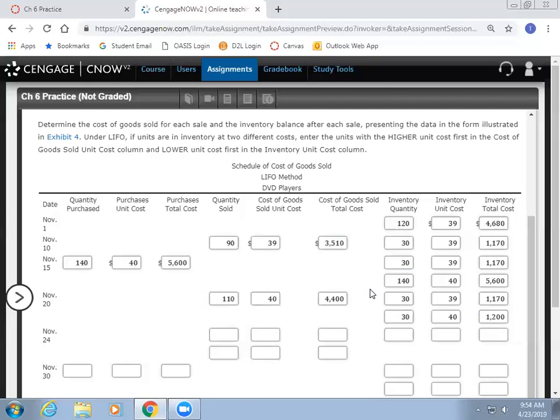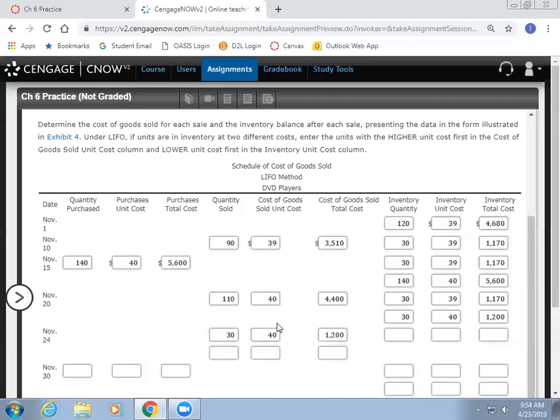Under LIFO, on November 24th, we made another sale of 45 units. Which units would I cost out first? Which price point? The $40, yeah. We're still with the same inventory, so we're going to start from the bottom up. All 30 of the $40 units will get sold, and that's $1,200.